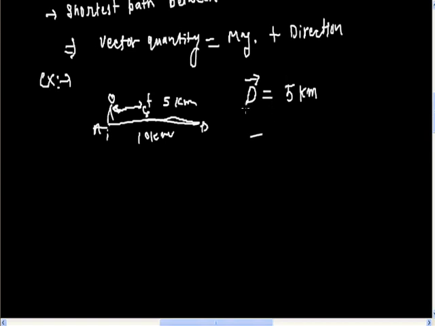Your displacement is a vector quantity. You have 5 km as a magnitude, but in which direction? You can say in the east direction, or in the i cap direction, or in the x direction. You have to signify the direction.